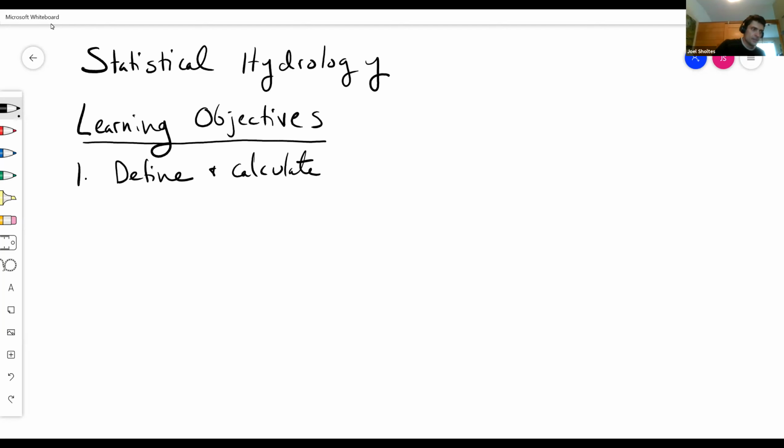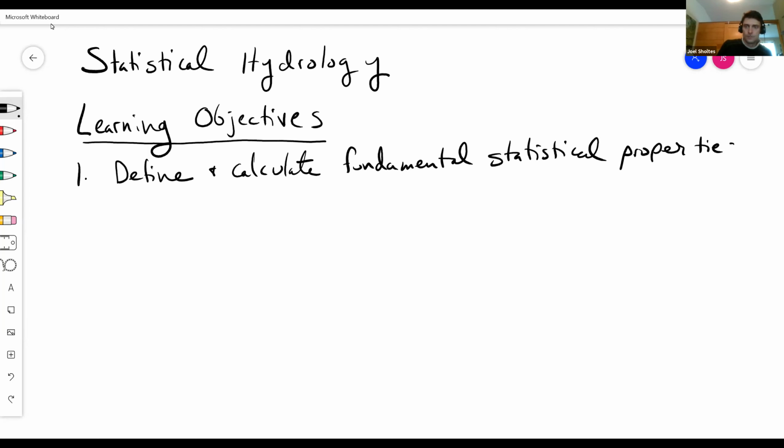No matter how big or small it is, just the biggest one that happened. So first we'll start talking about defining and calculating fundamental statistical properties of hydrologic data.